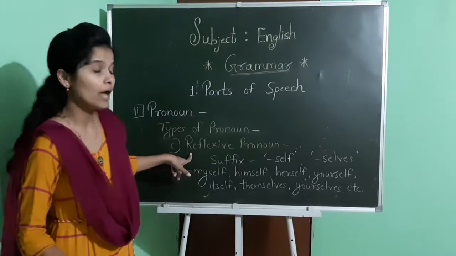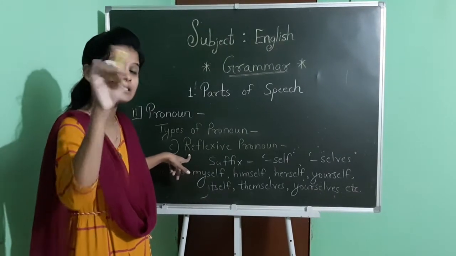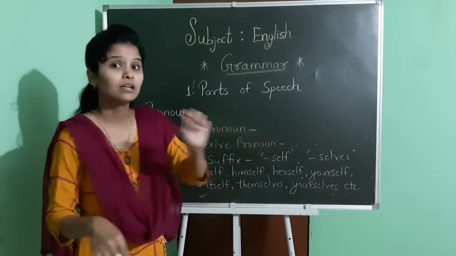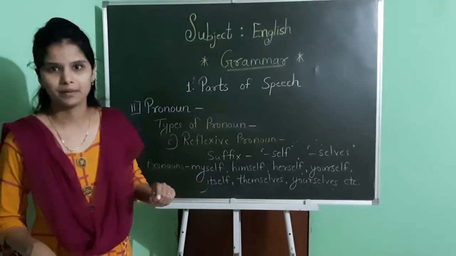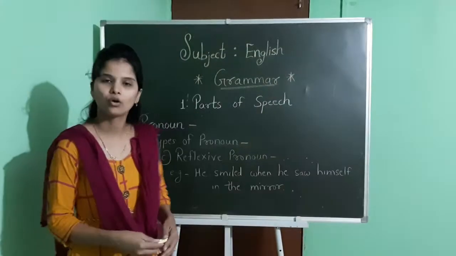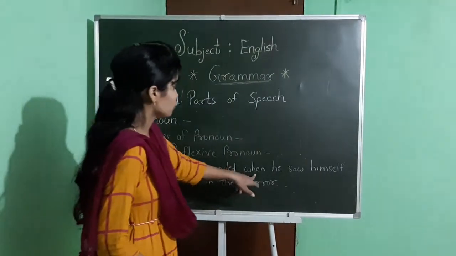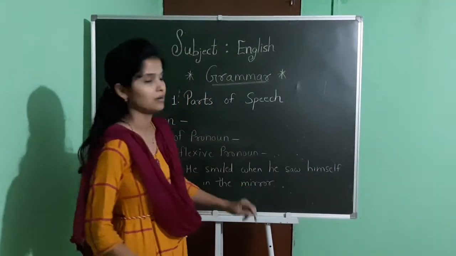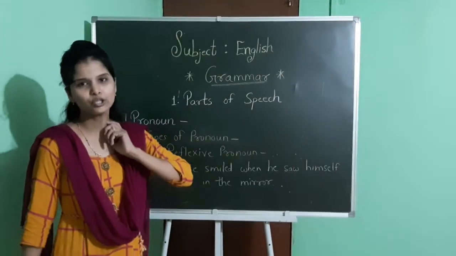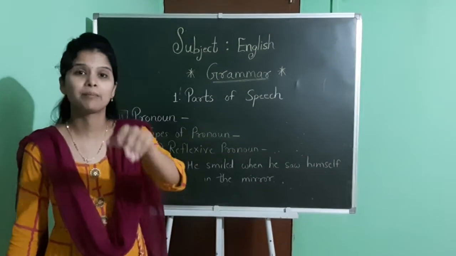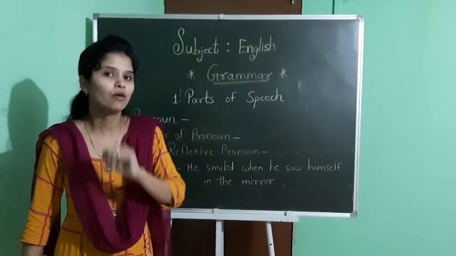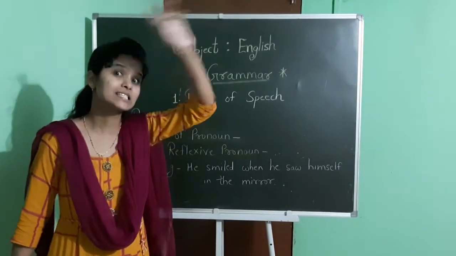As I told you the definition, we will see it by referring to one example. I will write one example here. He smiled when he saw himself in the mirror. I had written all these pronouns like myself, himself, herself. How do we frame them? By using the 7 pronouns.